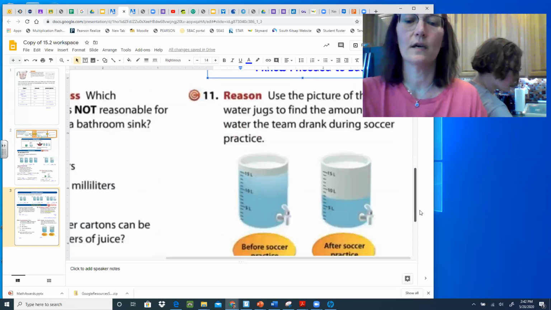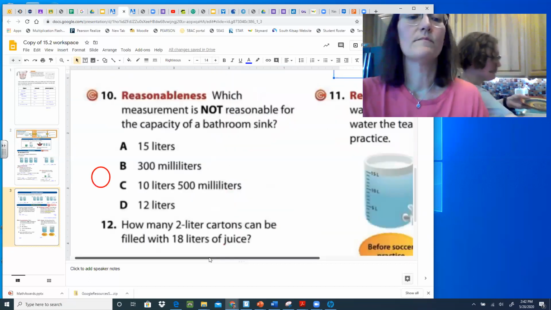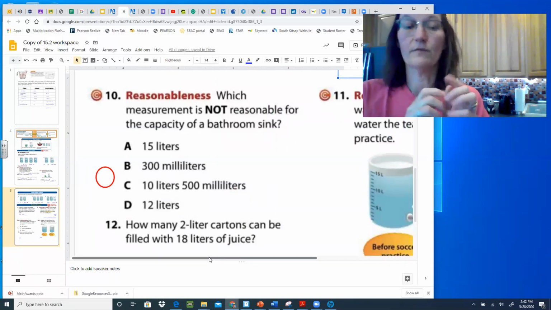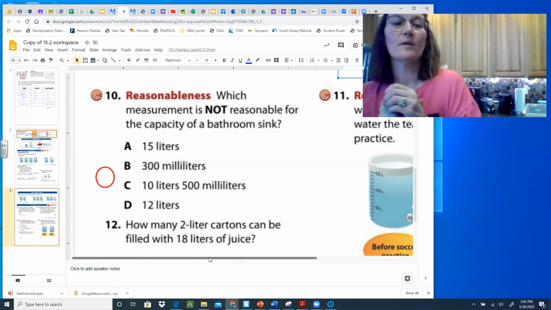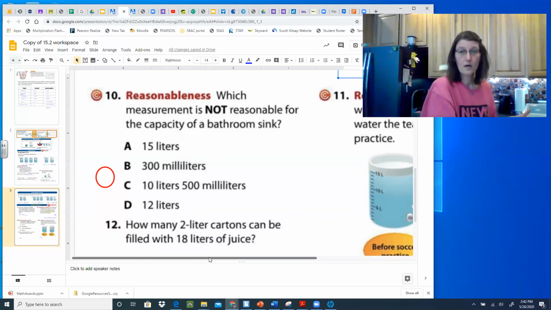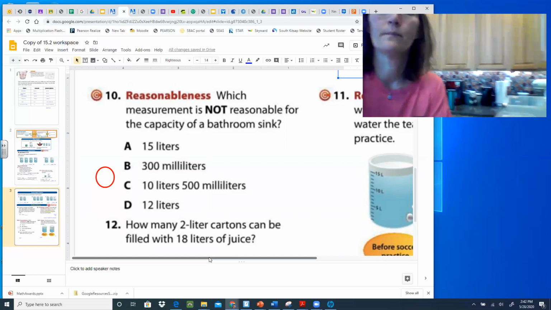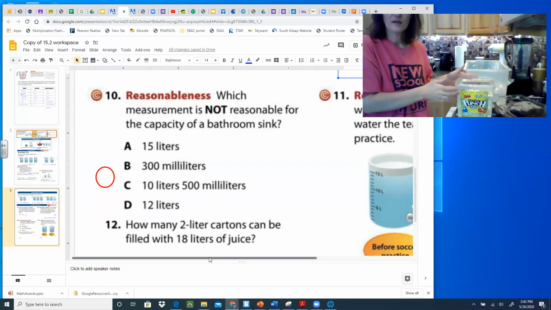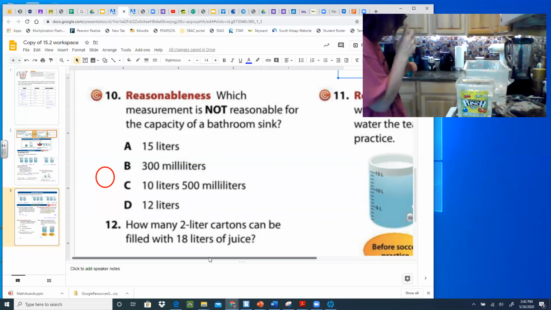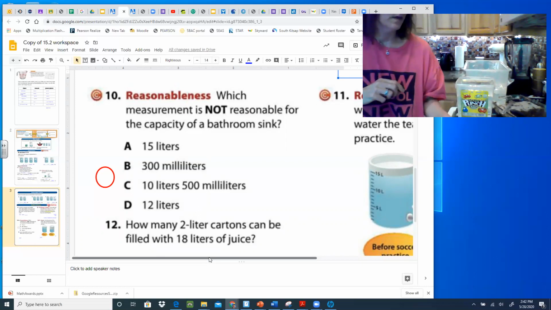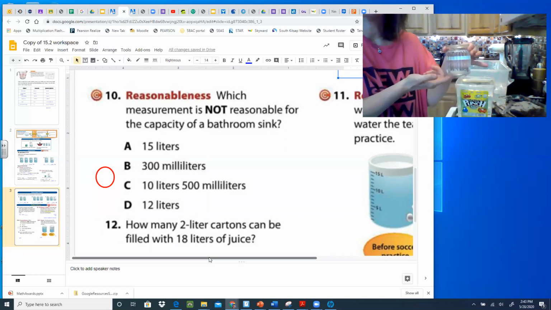Okay, let's go check out number 10. Which measurement is not, so we're looking for the false item, a reasonable capacity for a bathroom sink? Remember our lovely Sour Punch thing was 5.5. So do you think a bathroom sink could hold 3 of these? This one was 300.